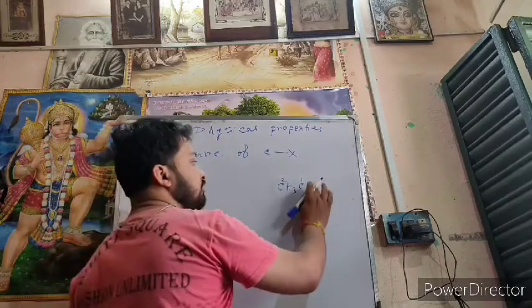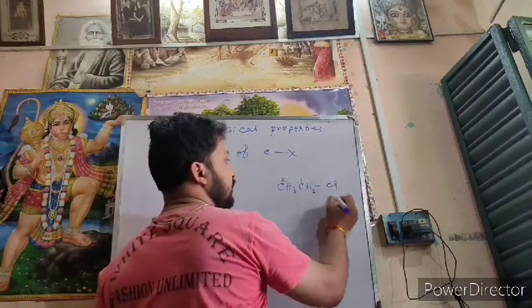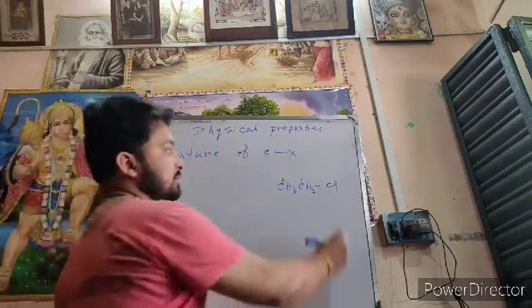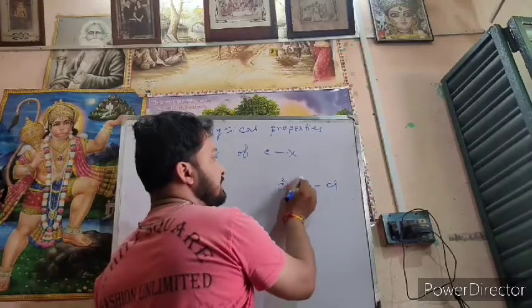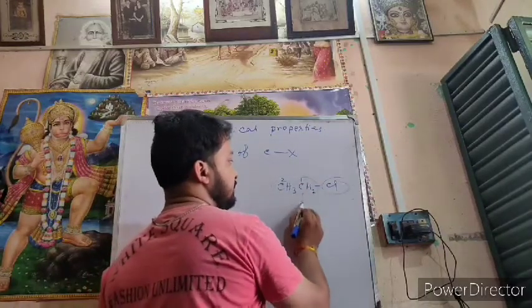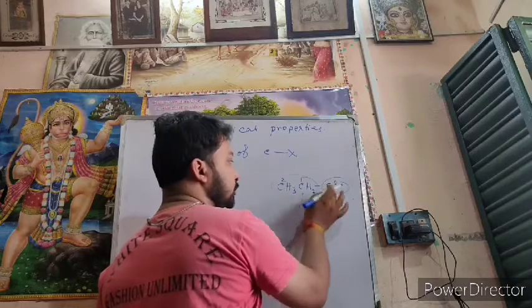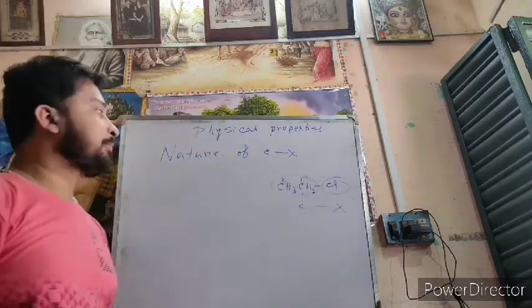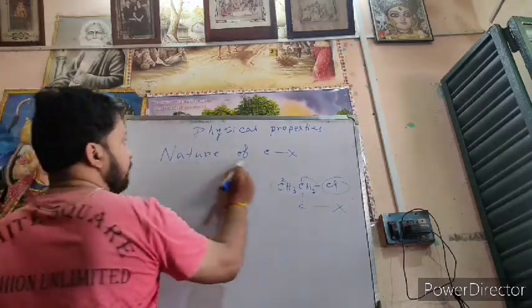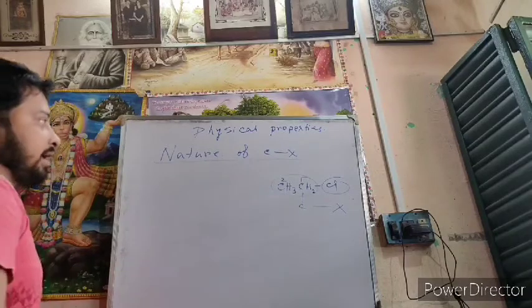We remove one hydrogen and attach the chlorine. What is X? This is C and this is X. The bond between them is called the C-X bond. The nature of the C-X bond.